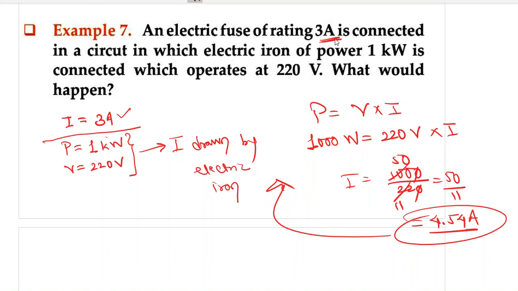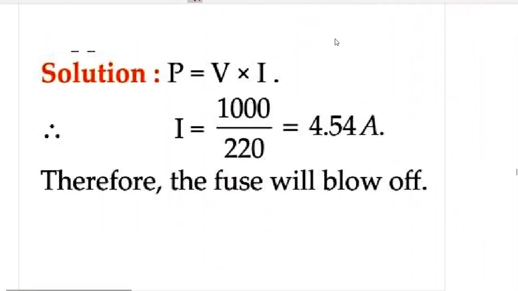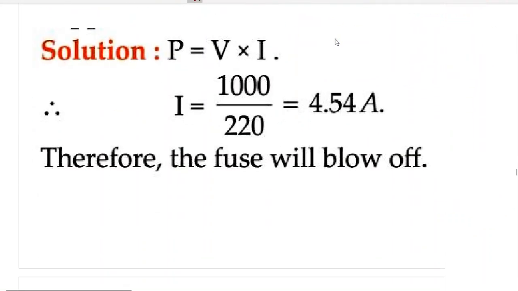So as soon as the electric iron is switched on, remember this, and if you want, note it down, the circuit will draw more current than the rating of the fuse, and the fuse will blow off. Blow off means fuse will melt. Fuse wire will melt and the current will stop flowing through the circuit. The circuit will be disconnected. The fuse will blow off.